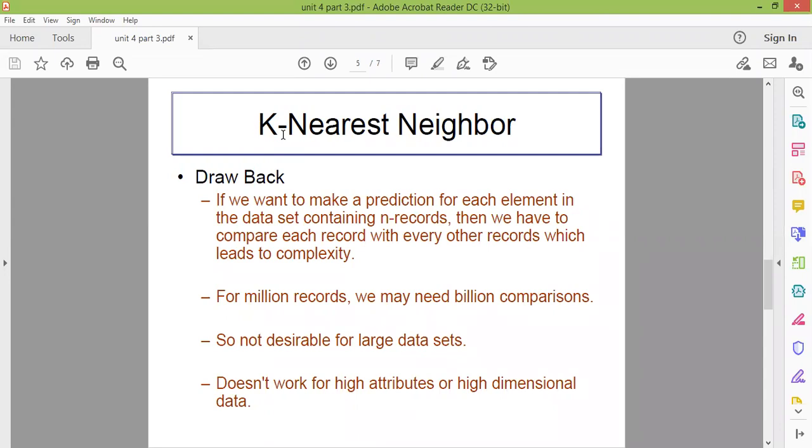High dimensional means you have so many dimensions. If the dimensions increase, the complexity will increase in nth order. If you have only one record, there is a single comparison between records, but if you have a single record with multiple dimensions, then that will increase the complexity even more.